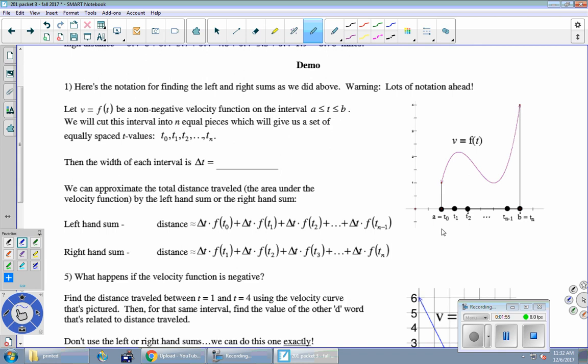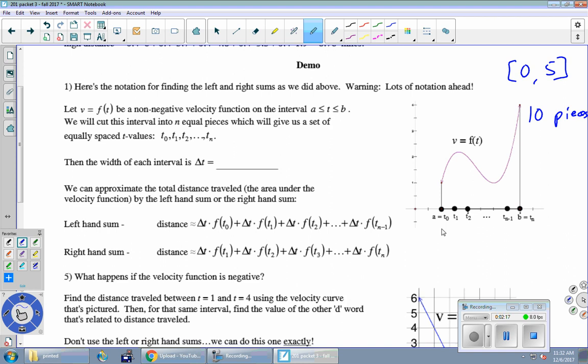Okay, so the width of each interval is, let's figure this out here. Delta t is our symbol for change in time. If I tell you, for example, that we're going from 0 to 5 by half hours, that's 10 pieces. How would you figure out how long each piece is?